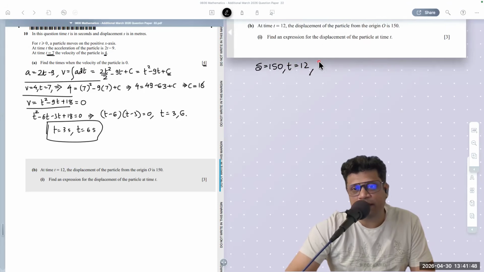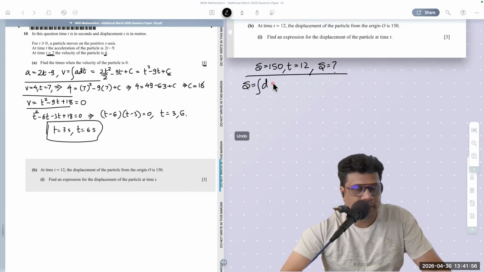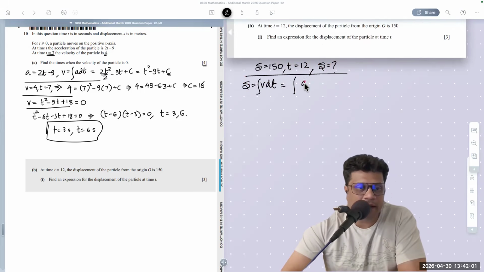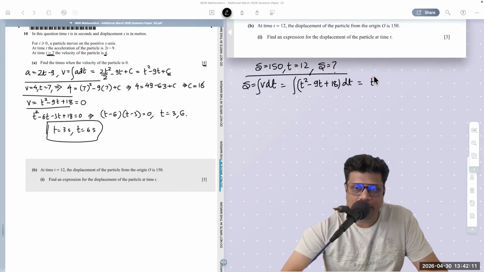Find an expression for displacement. Okay, fine. I know displacement is supposed to be velocity integrated. Well, I'm looking at t square minus 9t plus 18 integrated. That would come out to be t cubed by 3 minus 9t square by 2 plus 18t plus c.